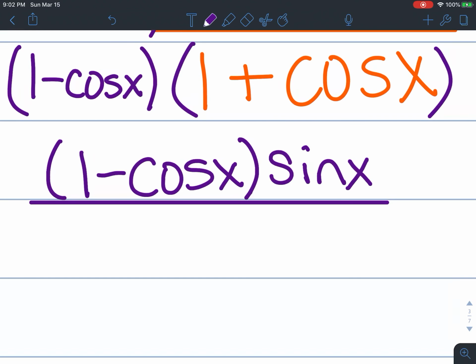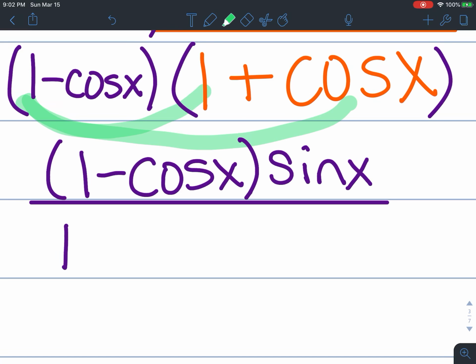Okay, so the bottom here is going to have to be FOILed. But the good thing about multiplying by a conjugate is when you do that, the middle terms of FOILing always cancel. So the outers and the inners cancel. And that's true anytime you're multiplying 2 conjugates together. So if we were to FOIL, I would get 1 times 1, which is 1.